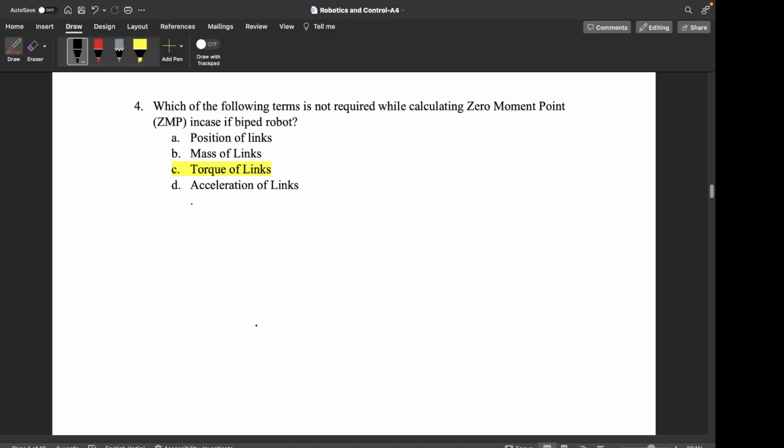So ZMP is basically, when a foot is in contact with a surface, a point in that contact area about which if you take the moments of all the forces that are acting, then the net moment in the horizontal direction is zero basically. That's why the name zero moment point.